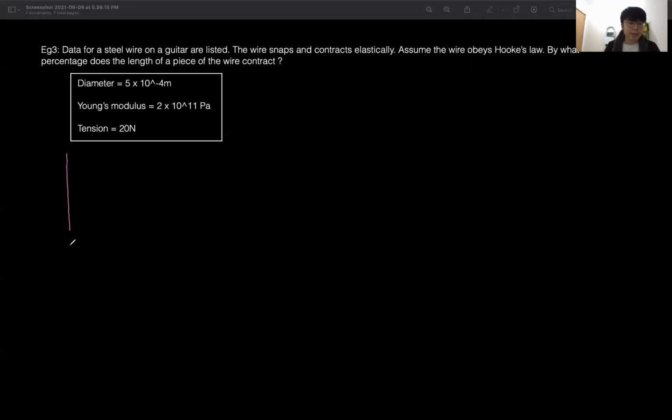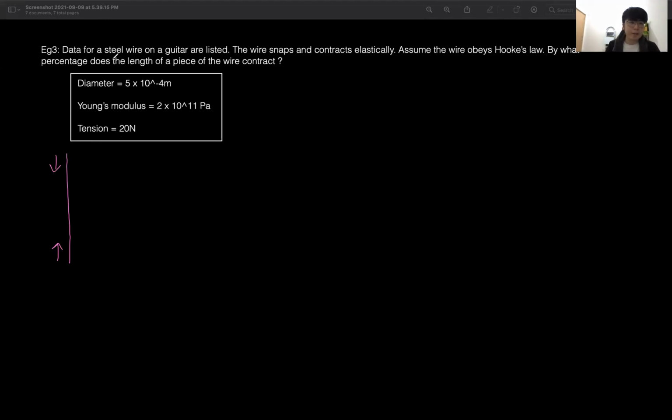So we have a guitar string, and it contracts. It's like compression, pulling it inwards. Diameter is given, Young's modulus is given, tension is also given.